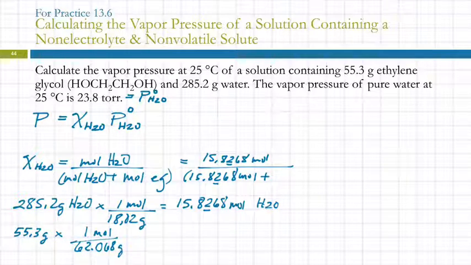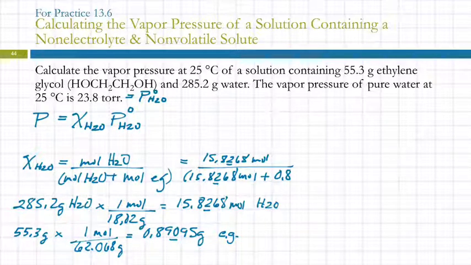So 55.3 divided by that, 0.89 moles of EG, ethylene glycol. Yes, moles, thank you.